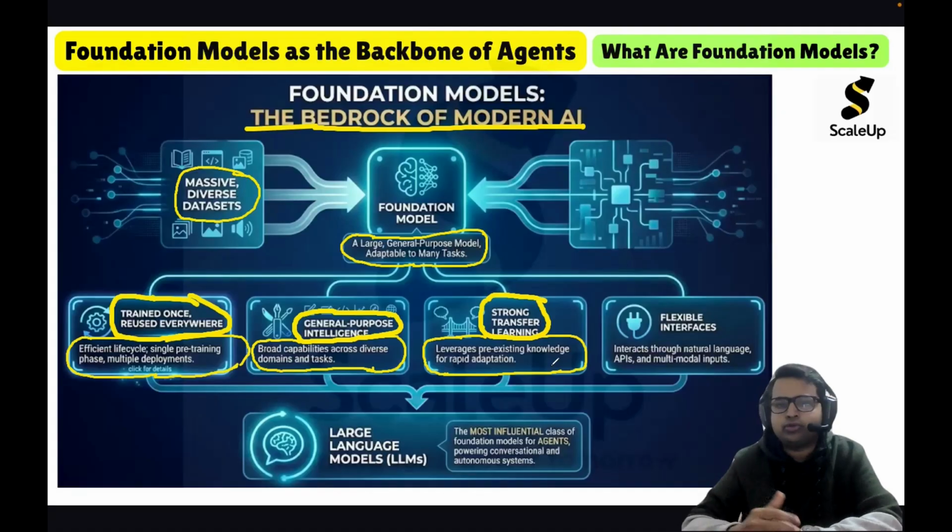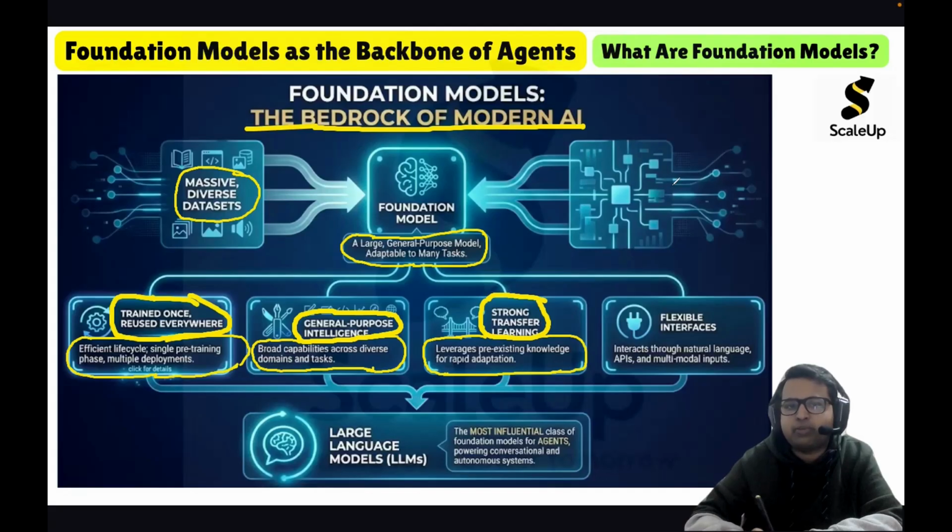With RAG, retrieval augmented generation, you do the same thing: you supply additional context and the response takes that context into consideration. Or we can even fine-tune the foundation models. So whatever knowledge they have, we can add new knowledge and update their knowledge. That's a very important characteristic.